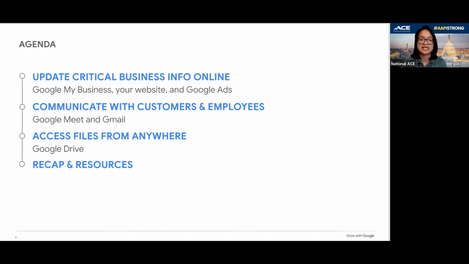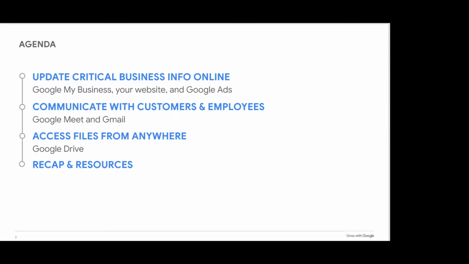So in this presentation, we're going to discuss the important things you need to do to update your business information online and work remotely, plus Google tools that can help you stay productive no matter where you are. Let me actually take my video off so I'm not distracted to the audience.